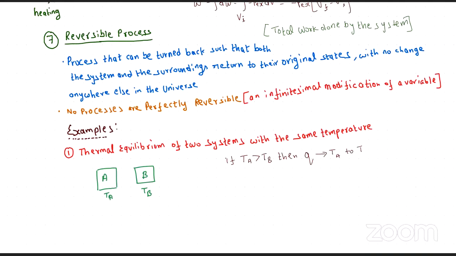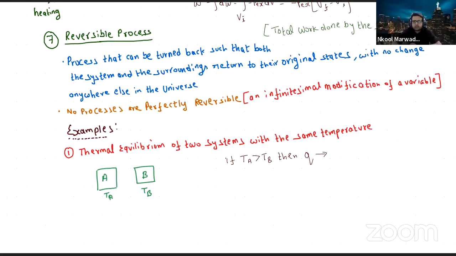Or A to B. Q is the heat energy, because heat energy always flows from a body at high temperature to low temperature. Similarly, if TB is greater than TA, then net heat energy will be flowing from B to A.